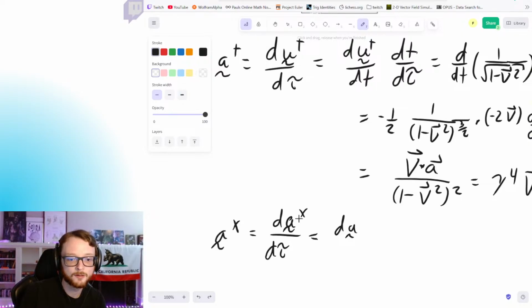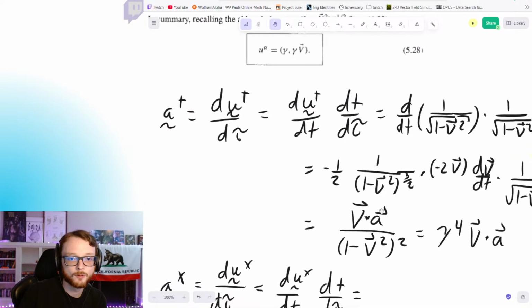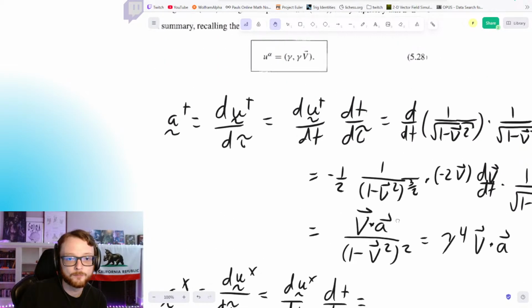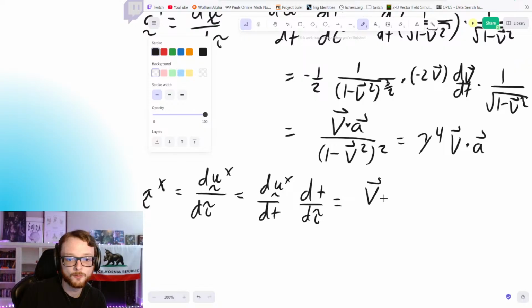I'm doing this wrong. So that's, I guess, Vx. Are they doing superscript? I'm getting confused with whether they're doing superscripts. Okay, they're doing superscripts for this V. Ugh.